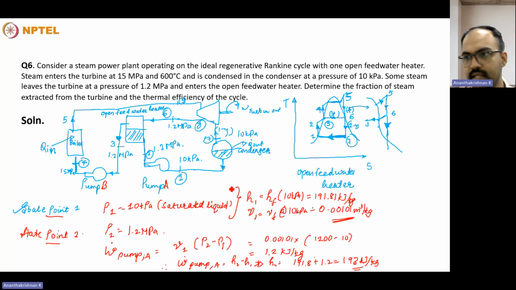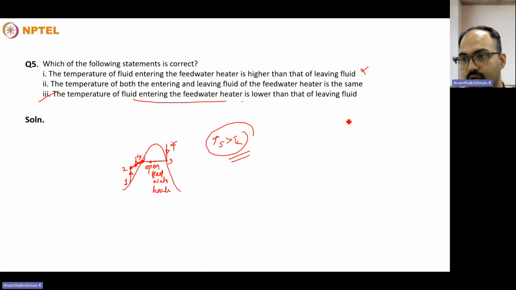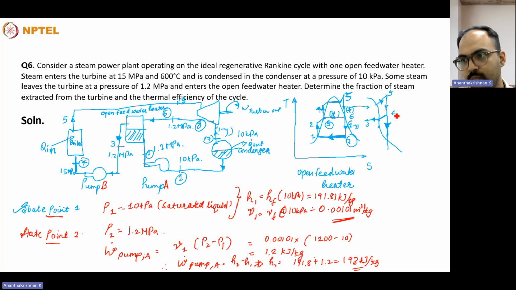Initially we had drawn it in such a way that this will be meeting the saturated vapor condition, but it need not be. It can very well be outside the vapor dome as well. It can move away from the vapor dome and take this kind of a form. This will extend towards the right and then come down like this, and then go into a constant pressure process in the feed water heater.